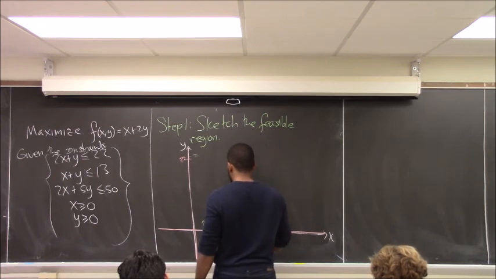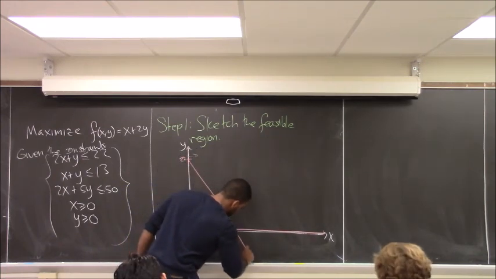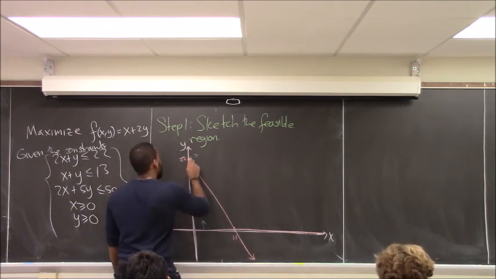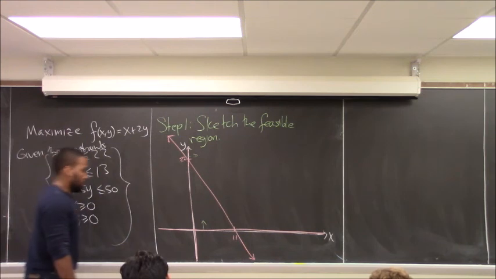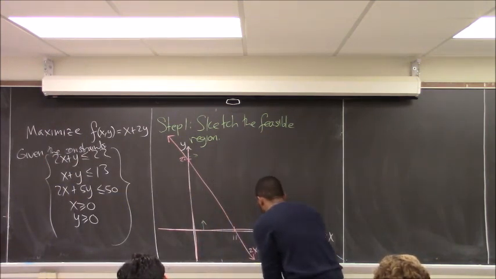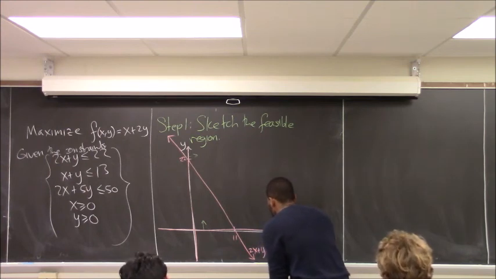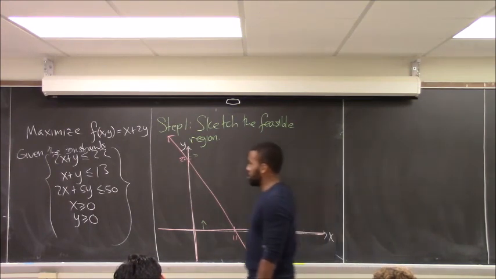So there's this line right here. This is the 2x plus y equals 22. So that's that line. Then I'm going to do the other one.